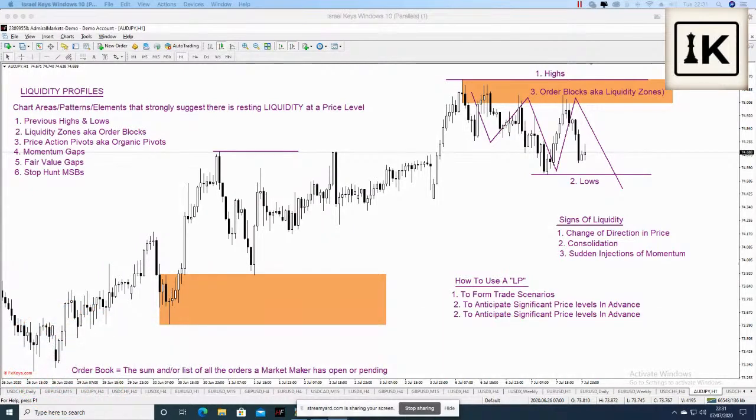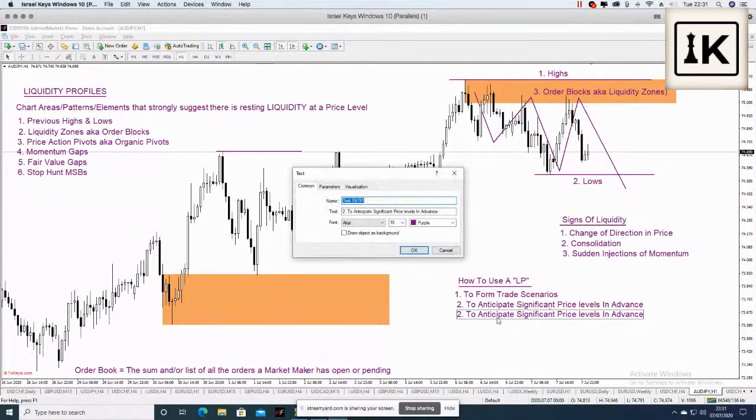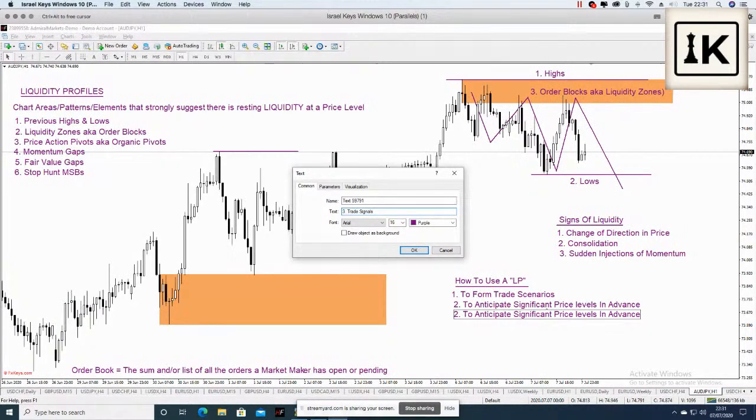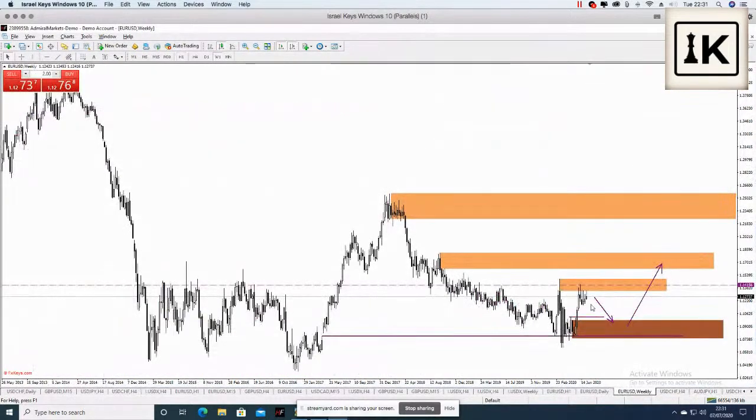So the third thing you use a liquidity profile for are trade signals. Now, before you take a signal, you need to form a scenario. For instance, on the weekly, I formed the scenario that I'm expecting price to come back here.